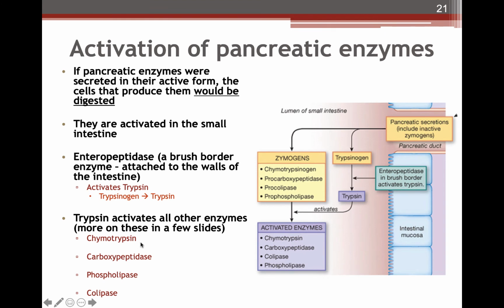So how do they get activated? How do these pancreatic zymogens get activated? Well, that story is being shown over here. So these pancreatic secretions come in, and along the walls of the small intestine, these intestinal mucosa cells, remember they have these little finger-like extensions called villi. Well, this is also called the brush border because it has kind of a brush-like or comb-like appearance.